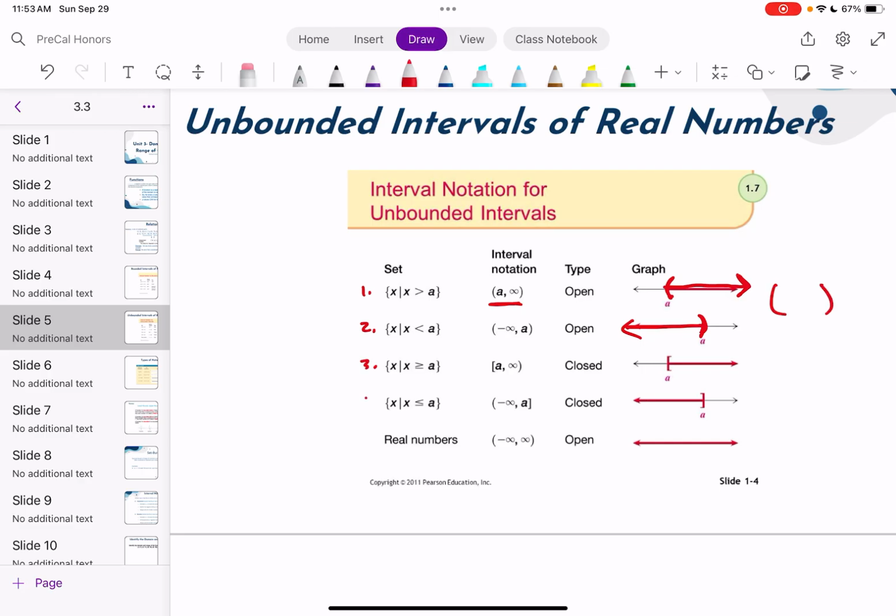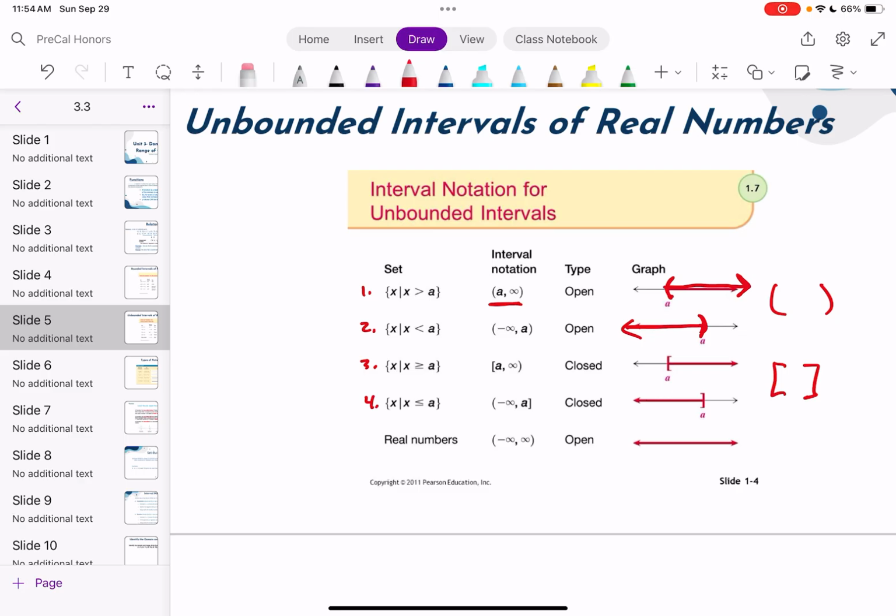For examples 3 and 4, notice they are closed because they both have brackets. The first example has a bracket opening up towards the right side, and example 4 has a bracket that will open and continue to move towards that left side. Notice it does not matter as far as it continuing to extend to the right or to the left. It will always be closed because of the bracket that is there.